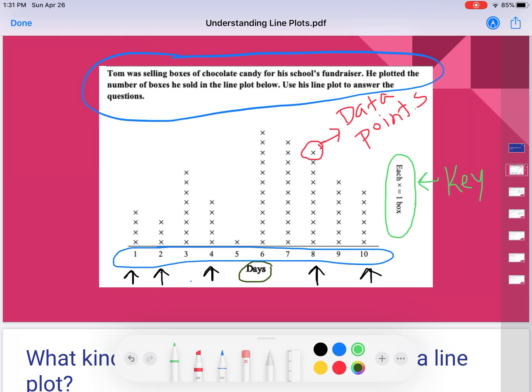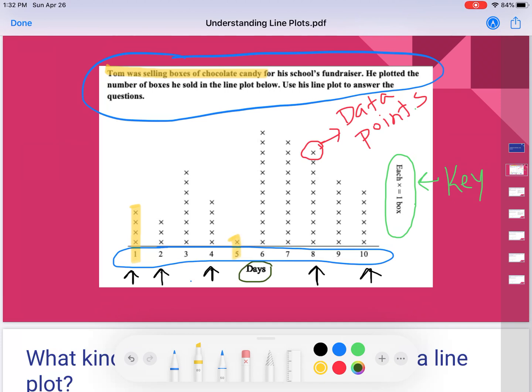For example, in this one, each of our X's or data points represents one box. So we know that on day 1, there were 4 boxes of candy sold. And we know it's chocolate candy because in our description, it says Tom was selling boxes of chocolate candy.